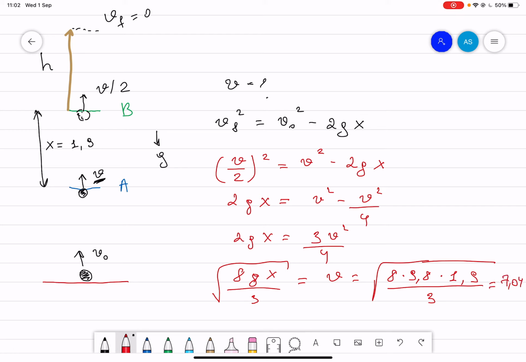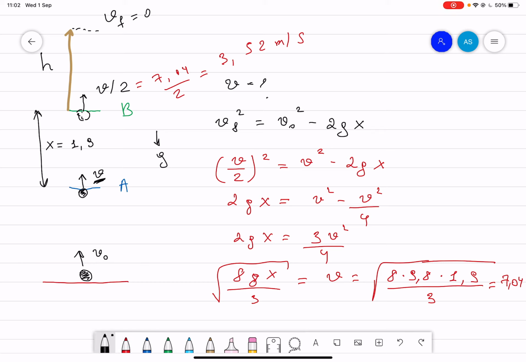Okay, 7.04 meters per second. Now, if that's the case, then 7.04 divided by 2 will give us 3.52 meters per second at point B, correct?